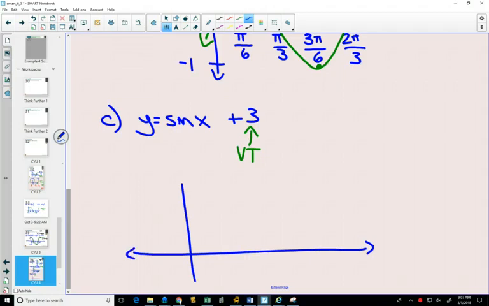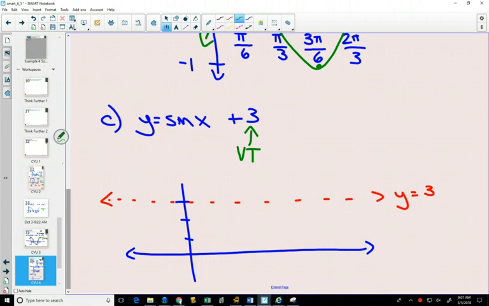Well, when I move it 3 units up, it's going to move your center line. Another name for your center line is your sinusoidal axis. And we're going to label that with a dotted red line, just like we label our asymptotes. It's not part of the graph, but it helps us graph. It's our center line. And so once you have that center line, the amplitude of this function is still 1.